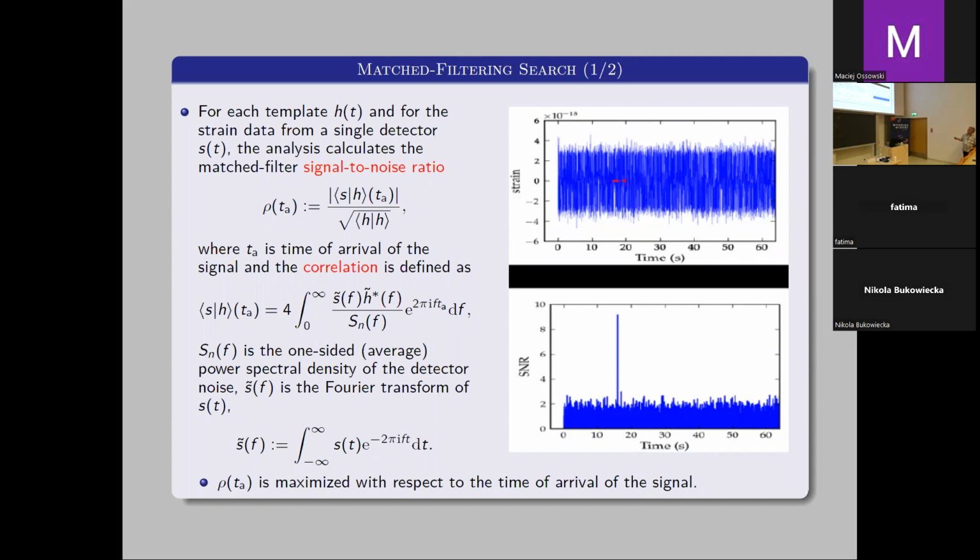And if in the chunk of data given here there is this signal, performing this integral carefully for different values of TA, we obtain a peak when this TA covers the real time of arrival of the signal to the detector. So we just maximize this correlation with respect to the time of arrival of the signal, and the maximum value is the value of our detection statistic.